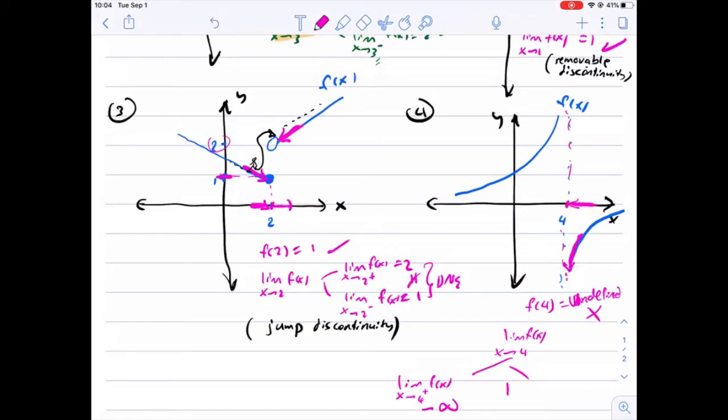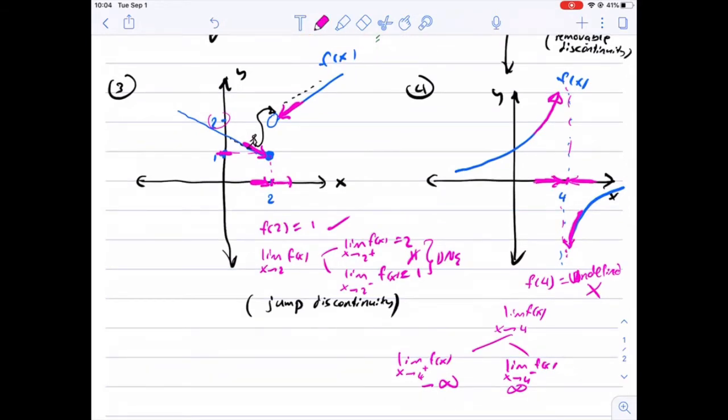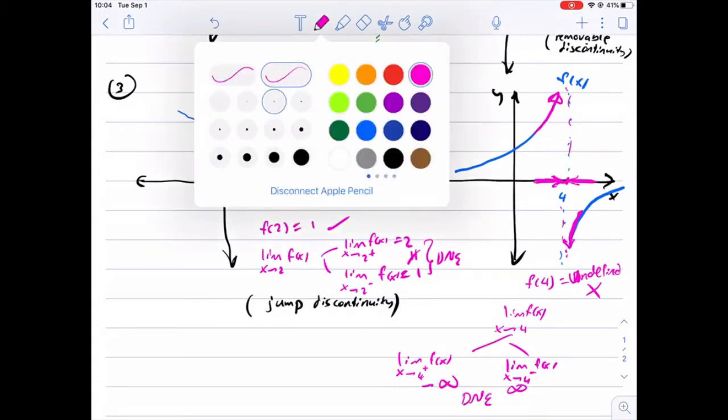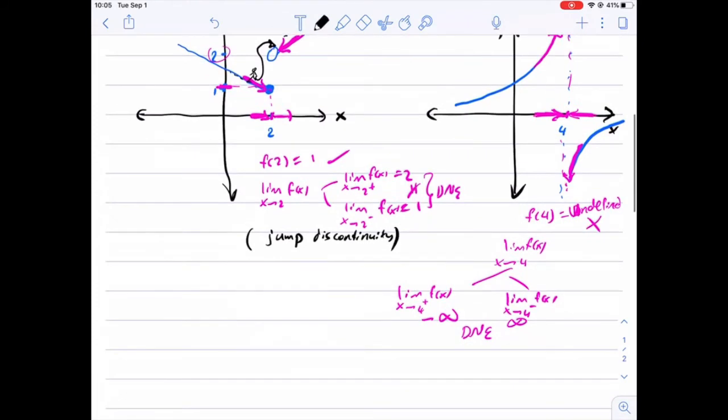And from the left, when x approaches 4 from the left, what happens to the value of the function? It goes to infinity. So that means the limit does not exist. And this type of discontinuity is called infinite discontinuity because we have infinity here.